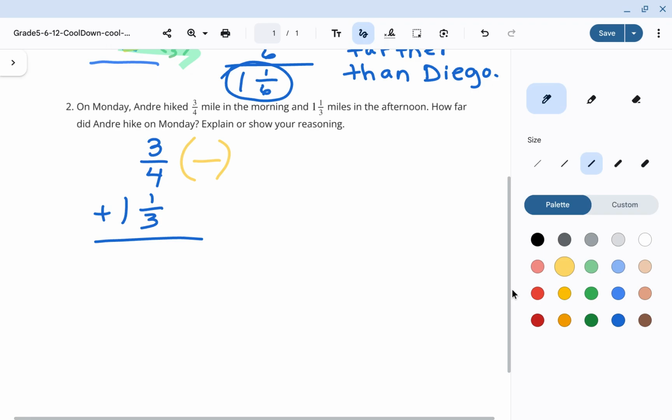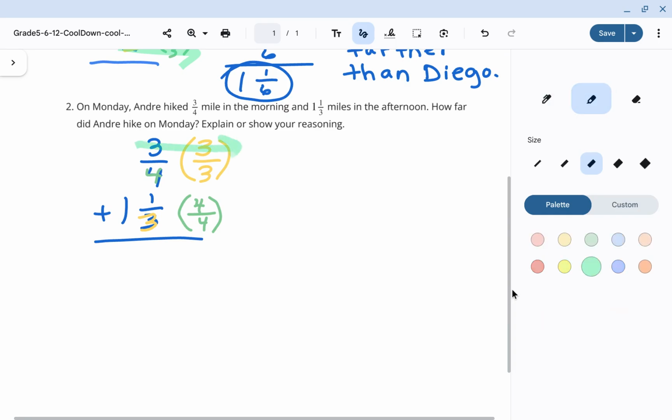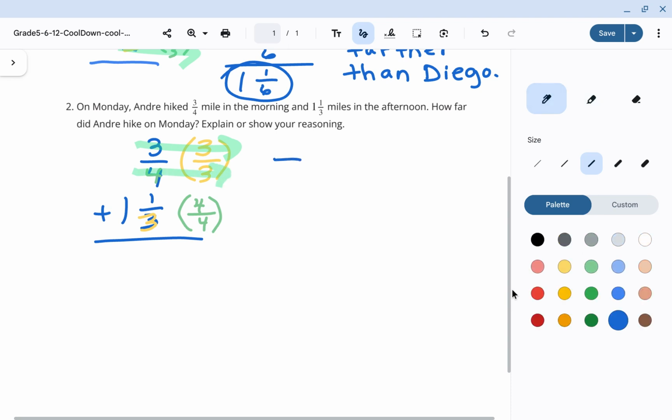I'm going to multiply 3/4 by 3/3, and I'm going to multiply 1/3 by a fraction of 1 that is set right here by my other denominator, 4/4. So here, boys and girls, remember, we're going to multiply 3 times 3 and 4 times 3. That gives us a new fraction of 9/12. So I know that 3/4 equals 9/12.